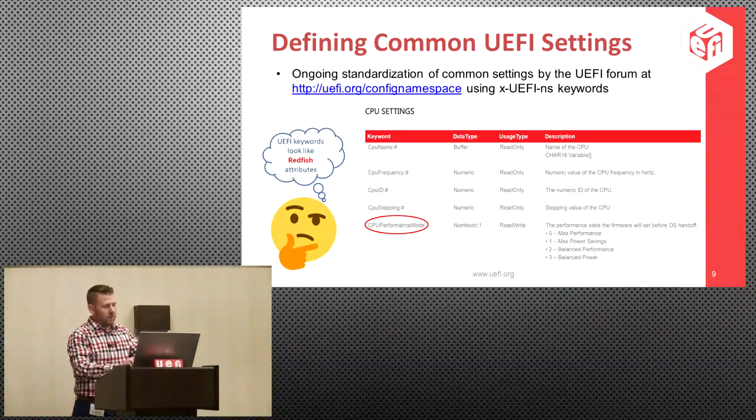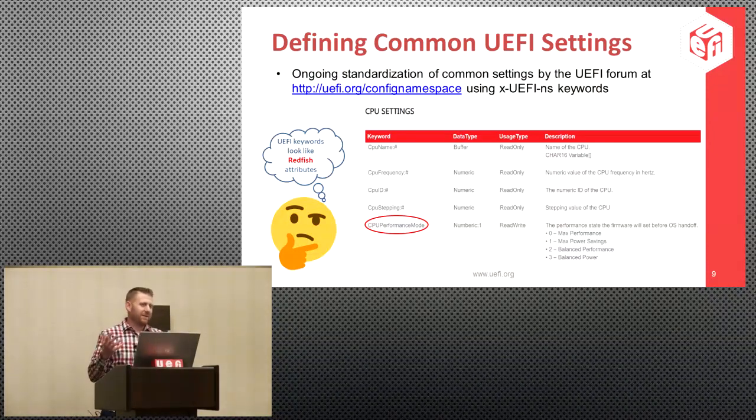And what's interesting about keywords is they look a lot like Redfish attribute names. And so you can start to see the vision is that we could take a list of keywords and convert those to BIOS attributes and start to build up some sort of common implementation.